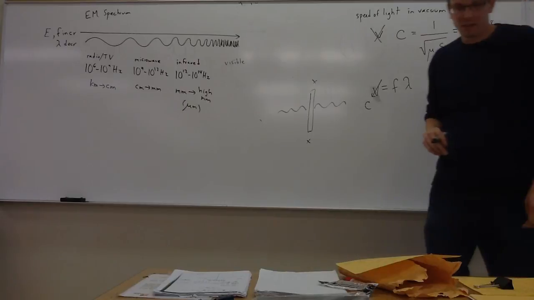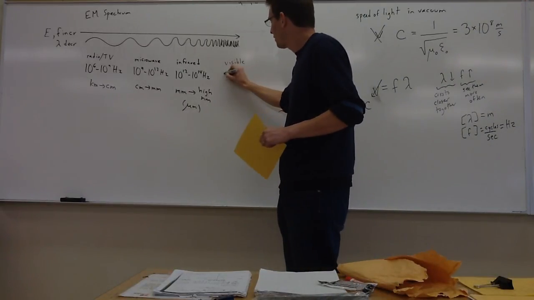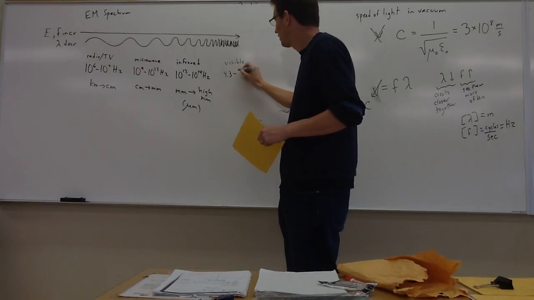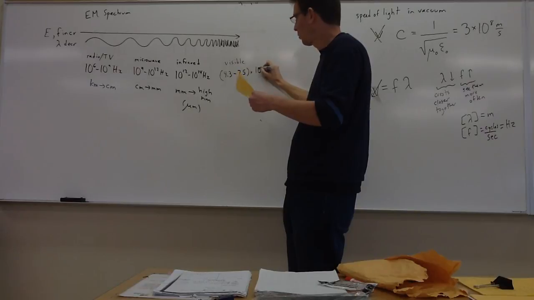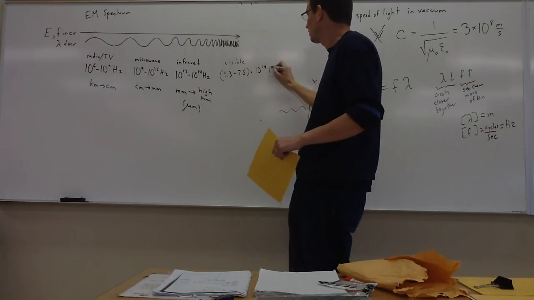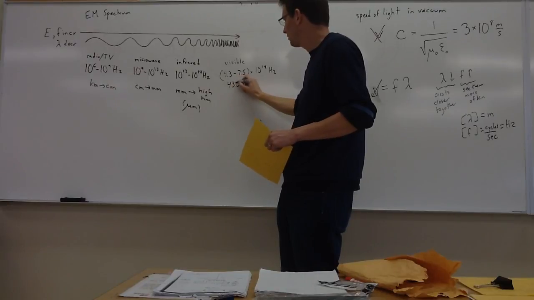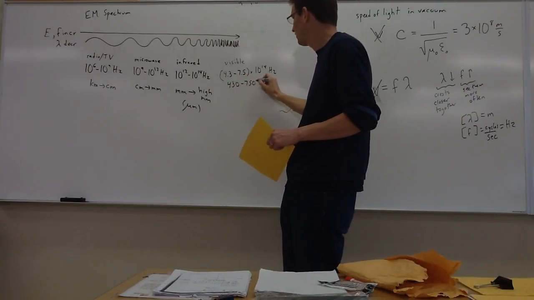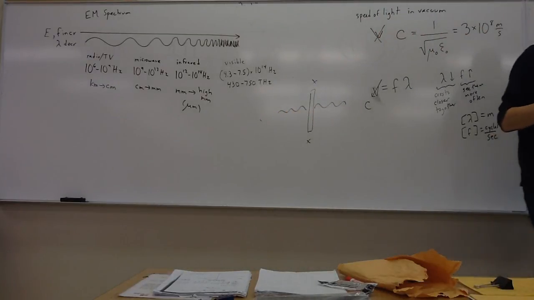This is a very thin sliver from 4.3 to 7.5 times 10 to the 14th hertz, which is, if you want to express it a little bit more nicely, 430 to 750 terahertz. Okay, tera is 10 to the 12.